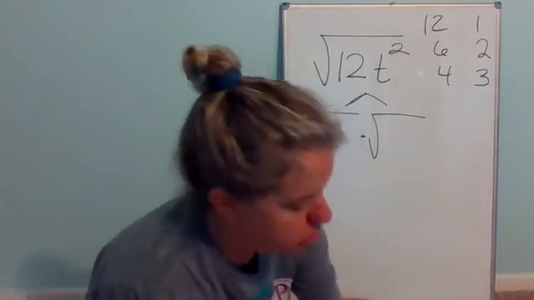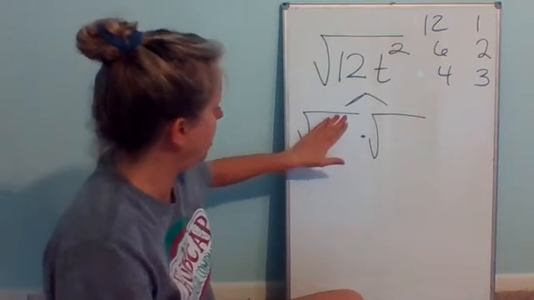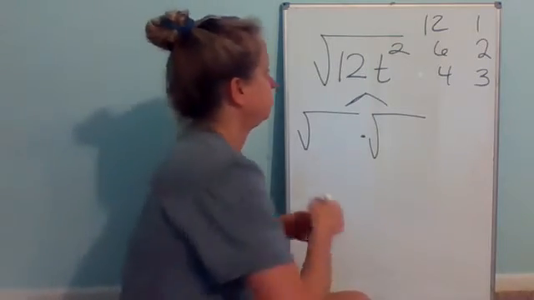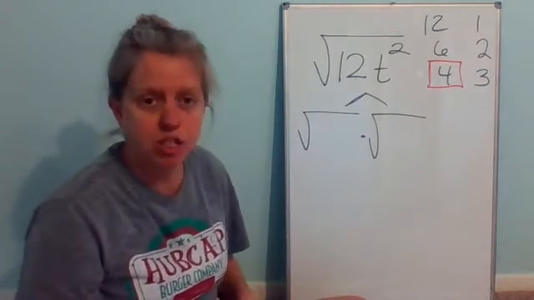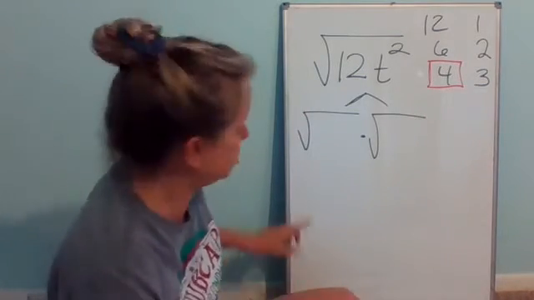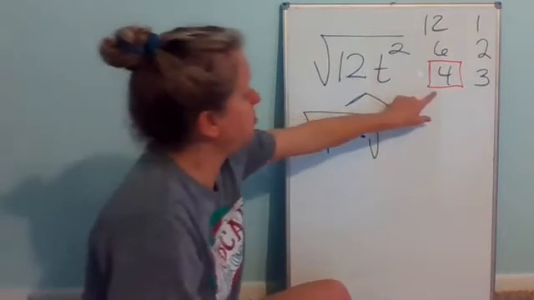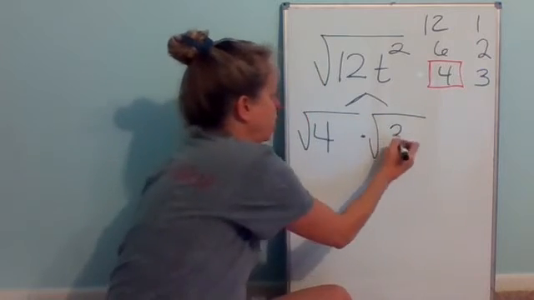Are any of those numbers perfect squares that I can put in this first one, and then on step 2, take the square root of that number? A number right there, right? I can take the square root of 4. So that's the one I want to put in my square root, which means my trash needs to be 3, right? Because 4 times 3 is still 12.